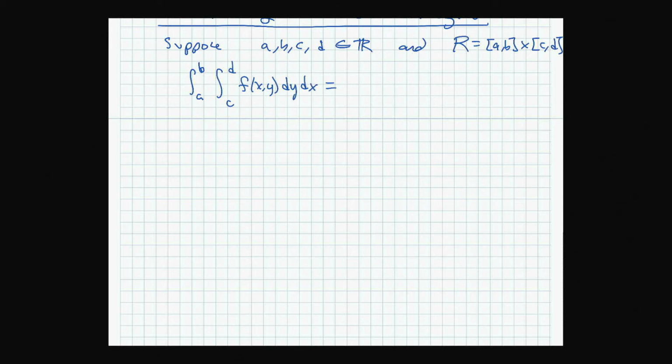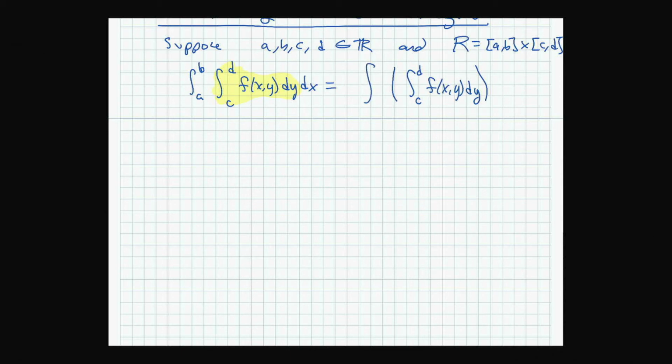It's y and then x. You'll see y in a second. The part that I highlighted looks like a complete integral: the integral from c to d of f of x, y dy. And that's actually what you do. You perform that integral from c to d of f of x, y dy, and you get a result, which will have x's in it.